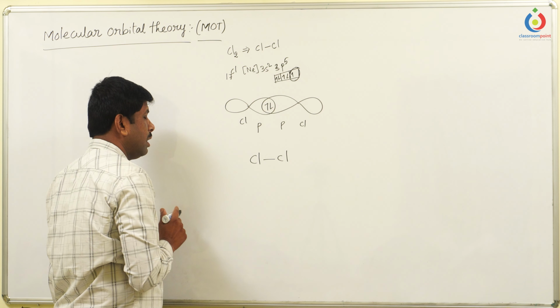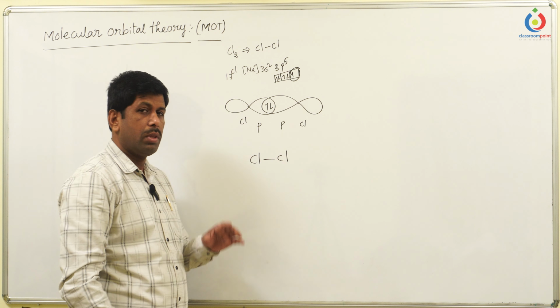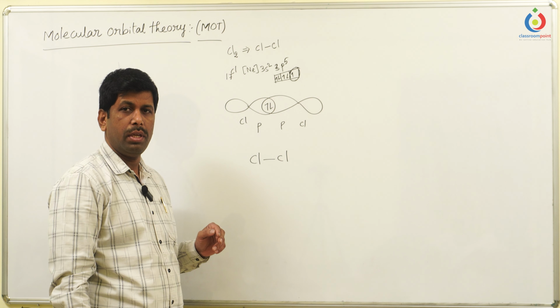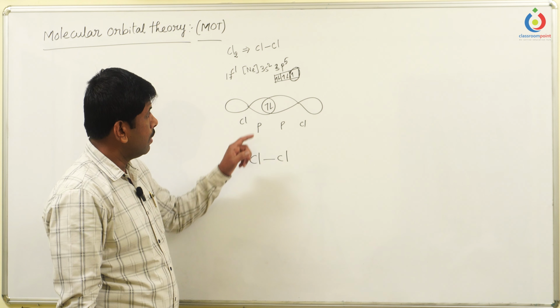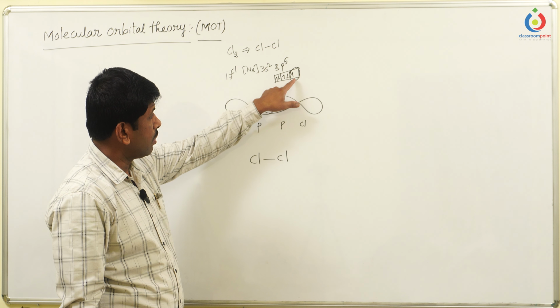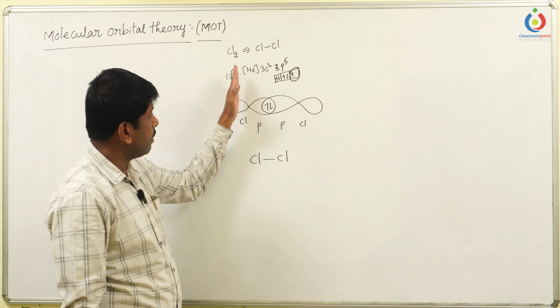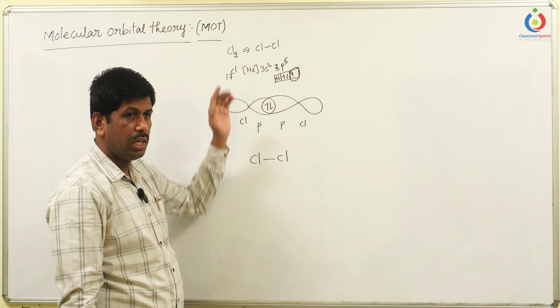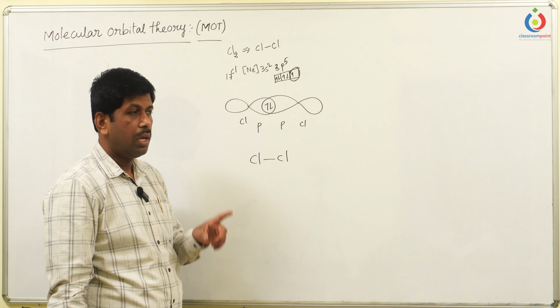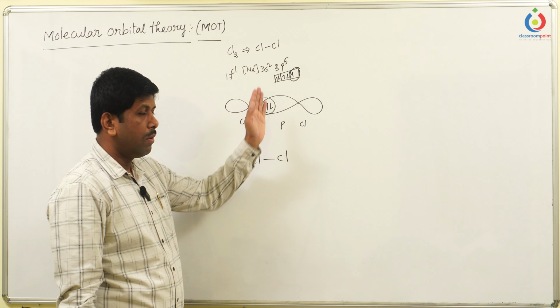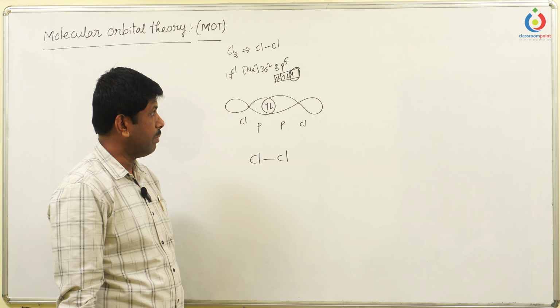After participating in the bond formation, now the electrons in the chlorine molecule experience two types of attractive forces. Except this electron which is participating in the bond formation, the rest of the electrons, that means out of 17 electrons, 16 electrons are still feeling the attraction from the chlorine nucleus. And the other chlorine atom also feels the same thing.